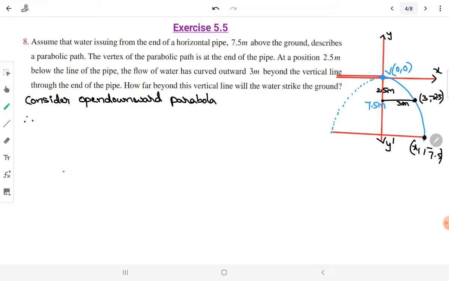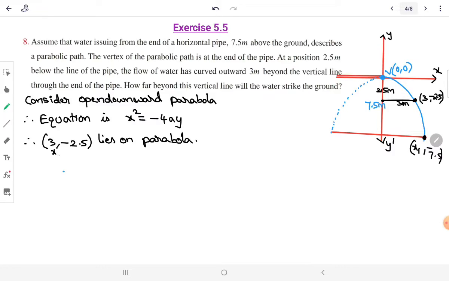The equation of an open downward parabola is x square equals minus 4ay. To find this a value, clearly the point (3, -2.5) lies on the parabola.